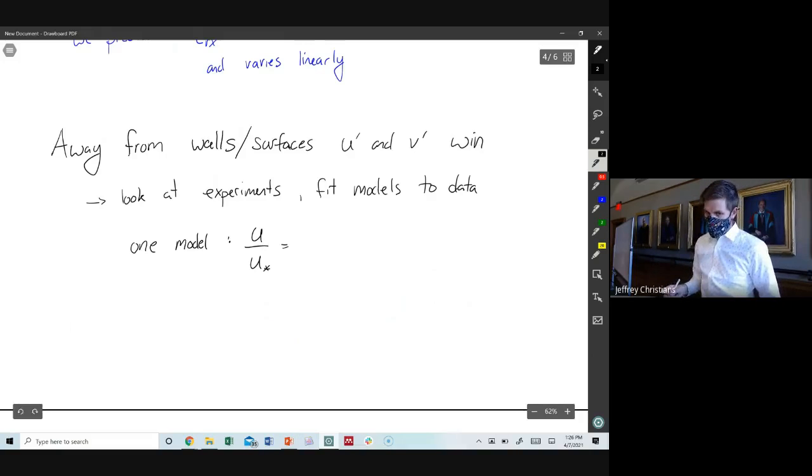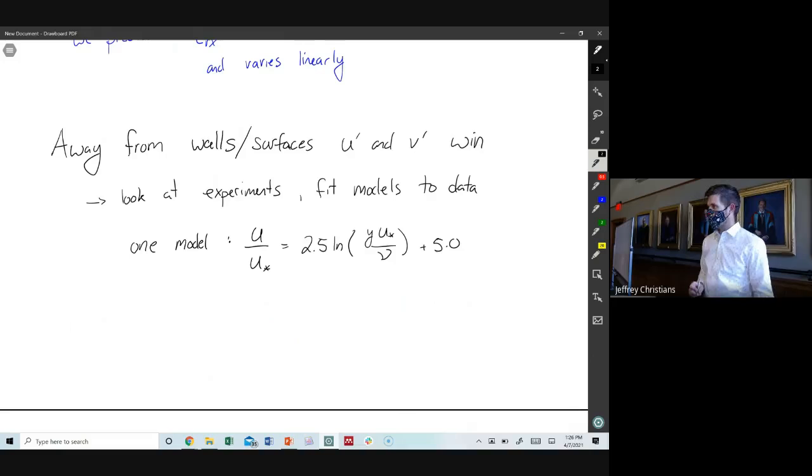This is the one model that we just looked at: 2.5 times the natural log of y u star over nu plus 5.0. What's special about 2.5 and 5.0? Absolutely nothing. They're just constants that are there because we fit the thing to a line. They don't have physical significance. They're just numbers from fitting.